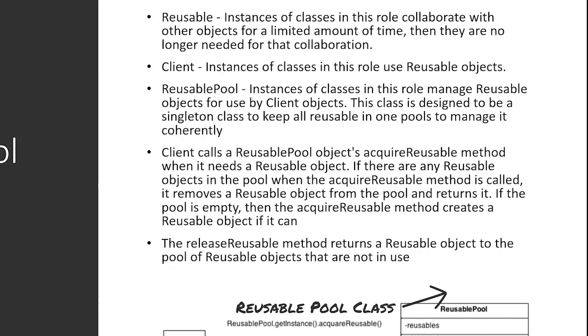The client will call acquire reusable to get the actual object, and finally release reusable to return the object back to the reusable pool. This should be pretty simple to understand. There is a set max pool size which defines the pool size, and get instance is nothing but a factory method to get the instance of the reusable pool.